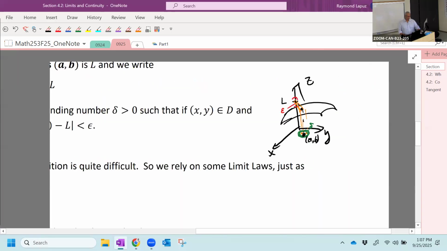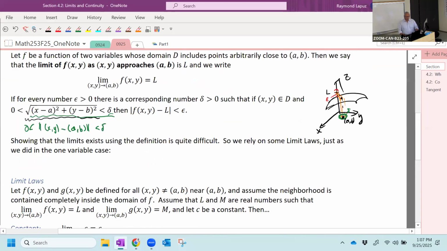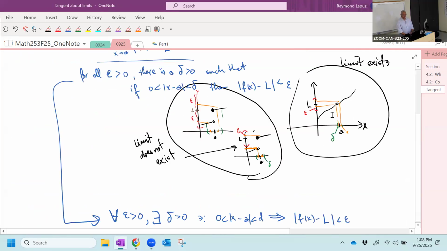All right. So this drawing corresponds, colors and all, I think. I didn't use any blue, huh? I should probably use blue for the limit or something. Anyways, this picture should correspond to this picture here, where we talk about a delta distance.